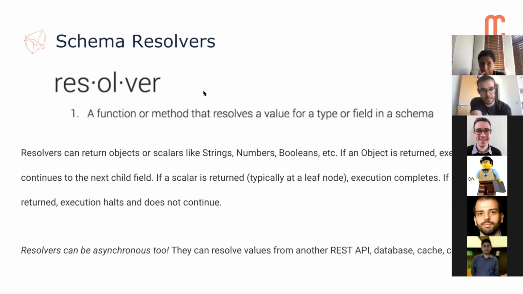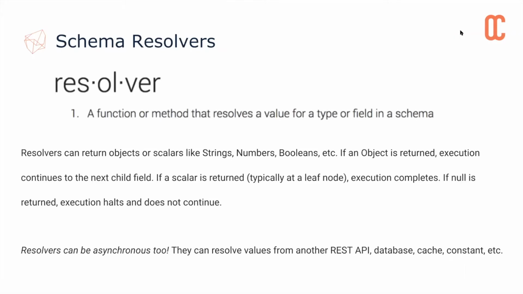Yeah, so the resolvers are basically methods or functions that resolve the value for each field in the schema. Each of the fields is assigned a resolver. They can return different types: the usual string, numbers, boolean, and object types as well.